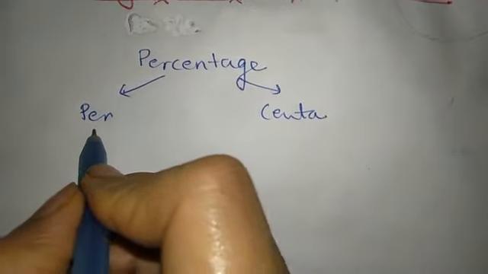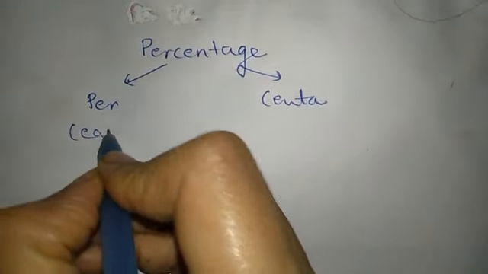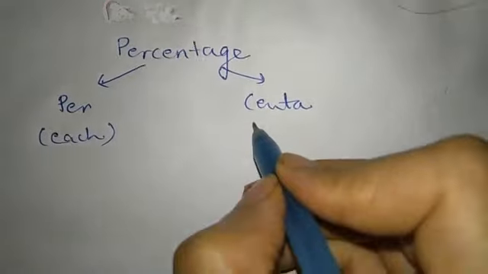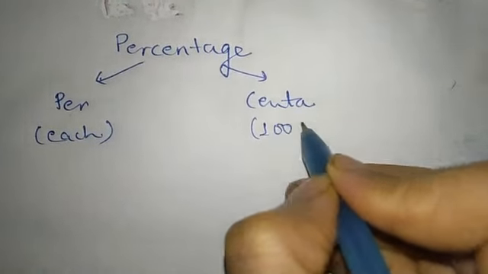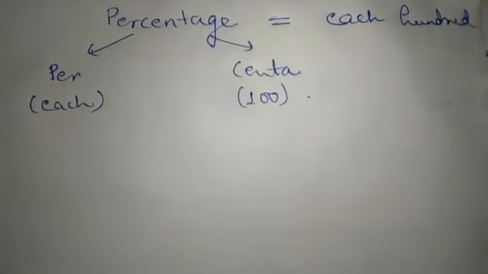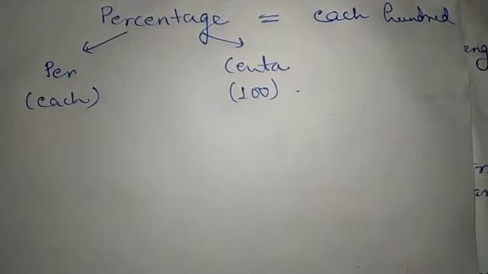So today we will start a new chapter, that is percentage and its application. So the first question that arises is, what is percentage? Percentage is composed of two words, per and cent. As you all know, the meaning of the word per is each, and cent means 100. So percentage means each 100.